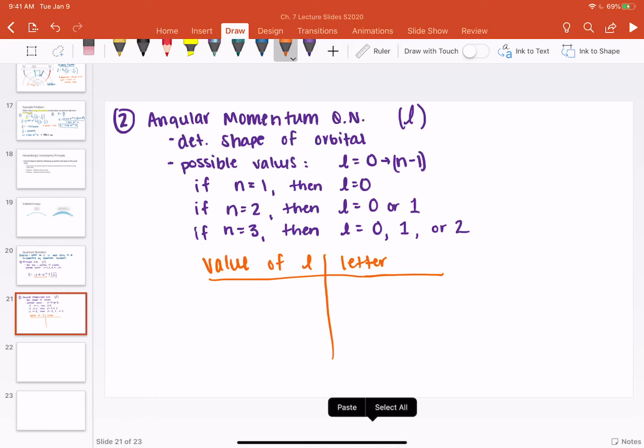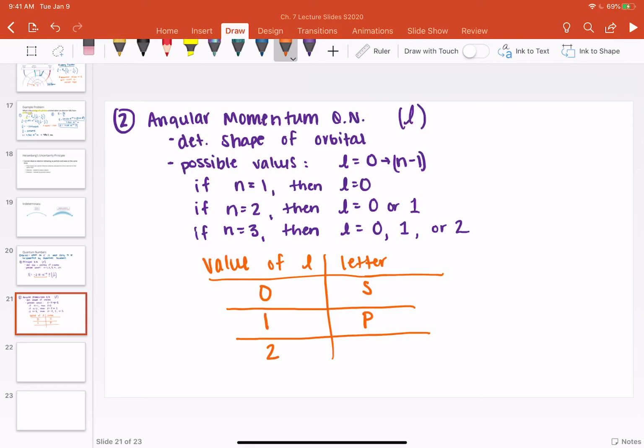So a value of L equals 0 represents an s orbital. The value of L equals 1 represents a p orbital. L equals 2 represents a d orbital. 3 represents an f orbital.